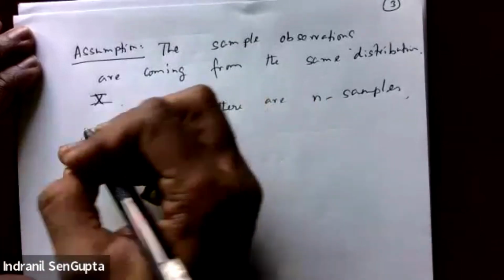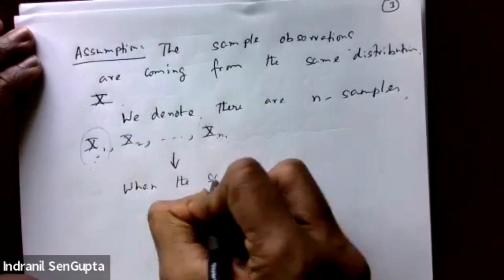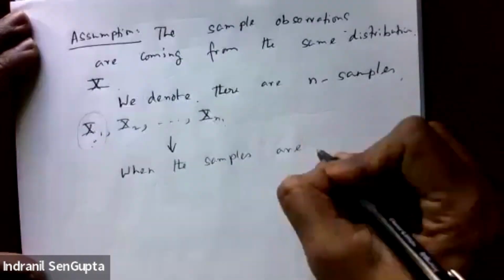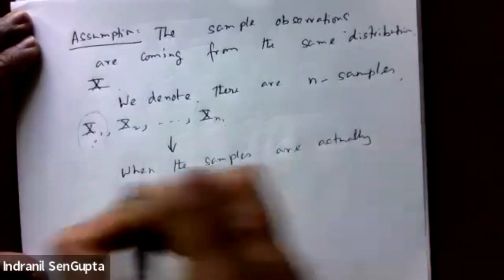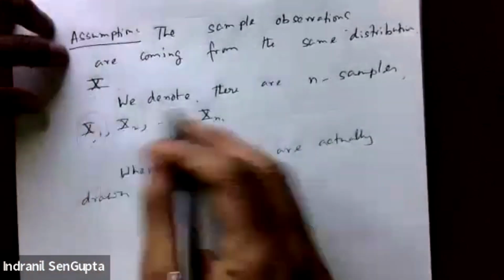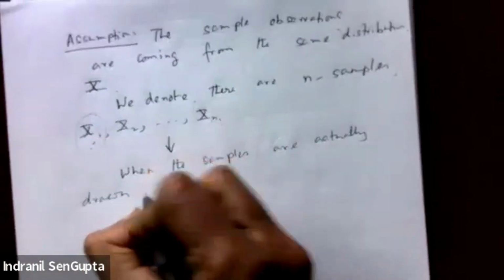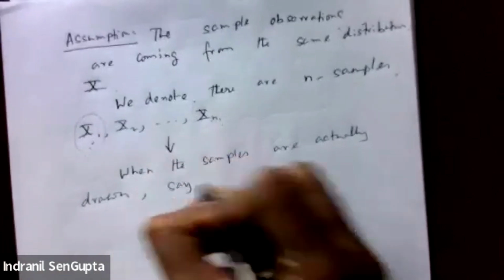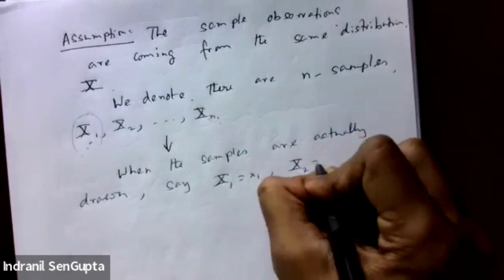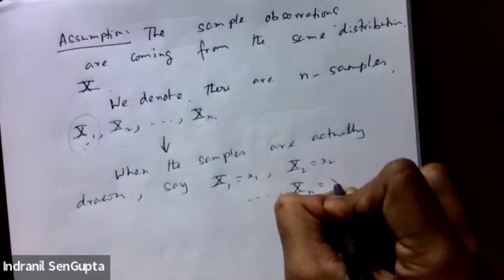And what are the numbers? When the samples are actually drawn, that means when we really observe a particular student's height, we say X1 equals little x1, X2 equals little x2, and so on, Xn equals little xn.